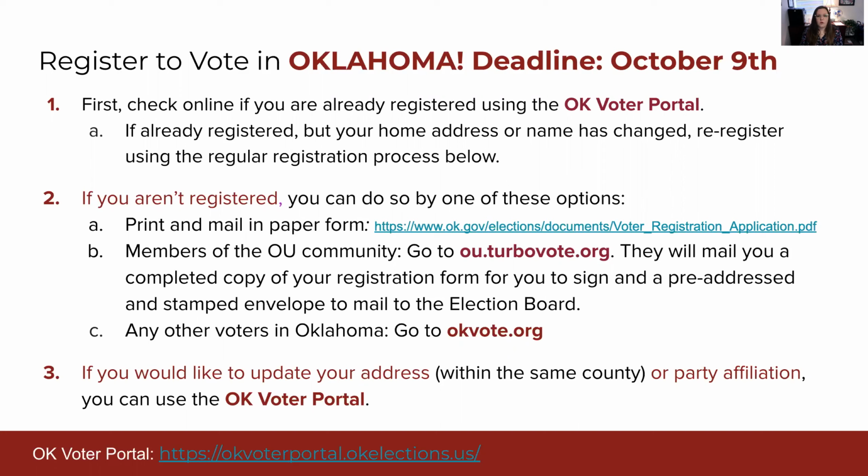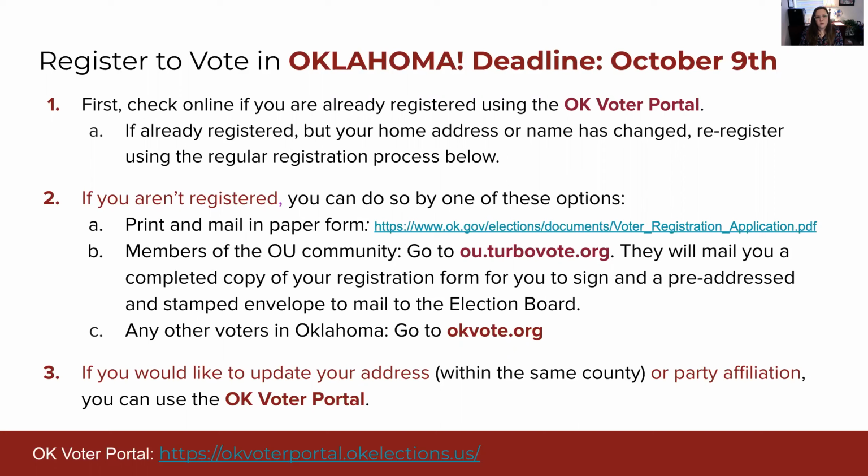The first thing you're going to want to do is check online to see if you are currently registered. The easiest way to do this is the OK Voter portal put out by the election board, and the link to that voter portal is at the bottom of the slide.